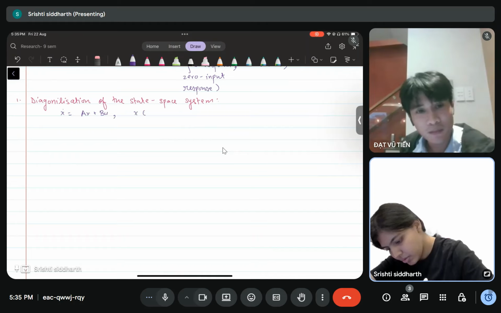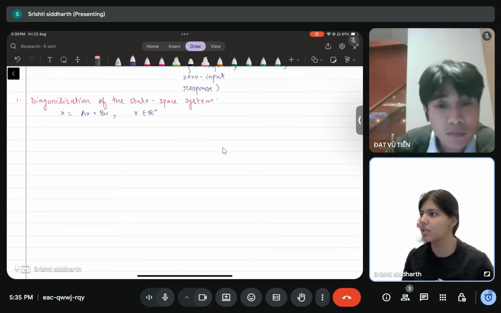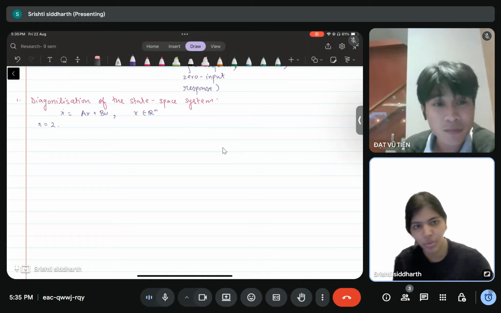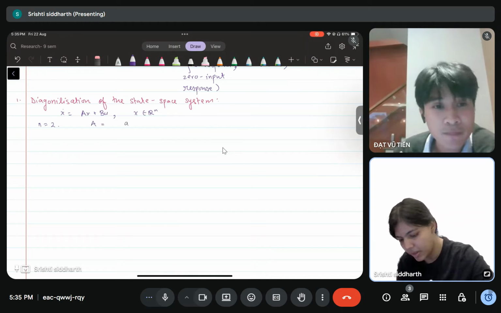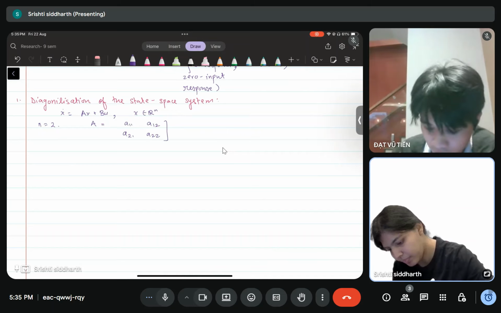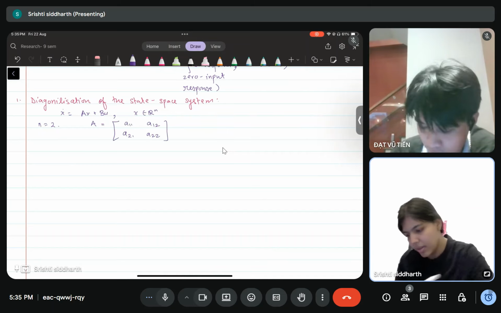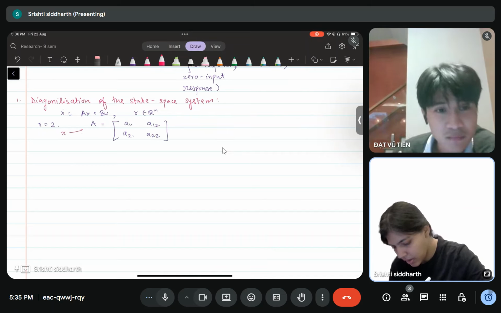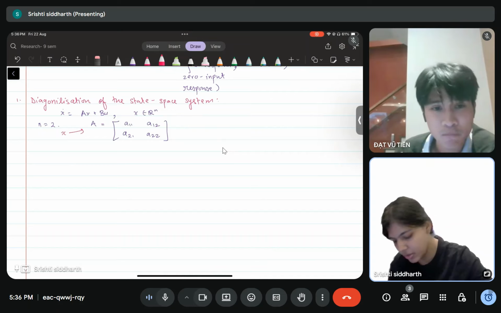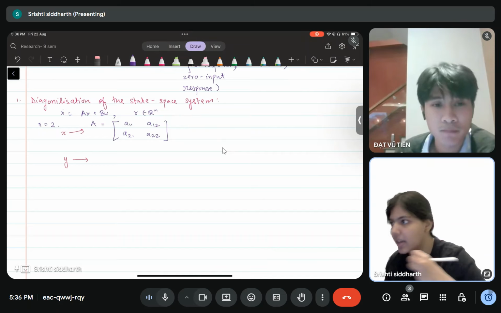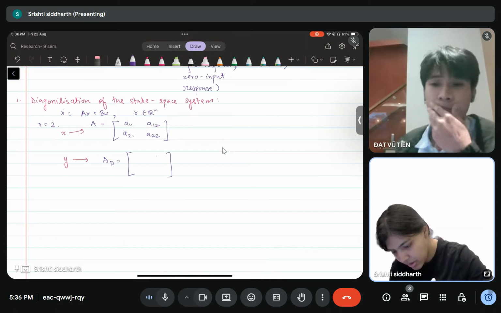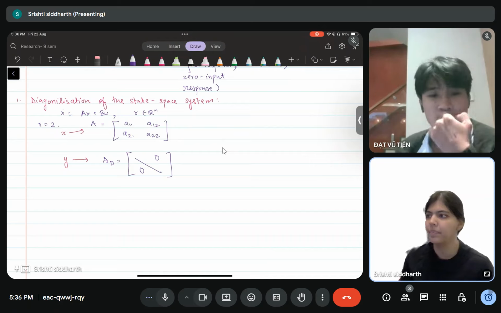For example, we have some n states, and let's consider for now that n is 2. So the A matrix is simply A11, A12, A21, A22. This is for the state X. If we want some transformation which takes it to some states Y, we want the matrix to be diagonal, so zeros here and some non-zero entries here.